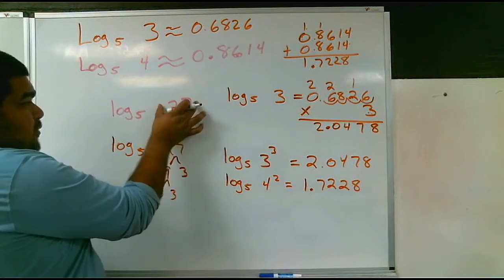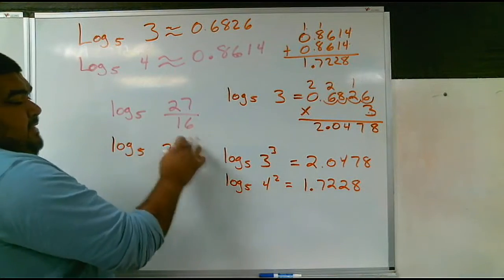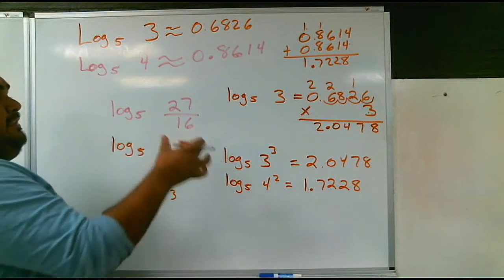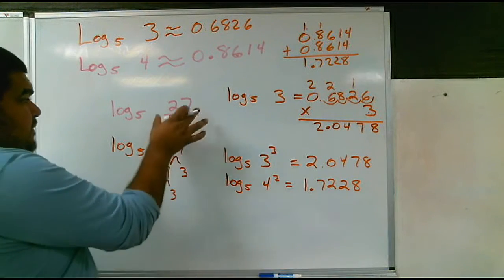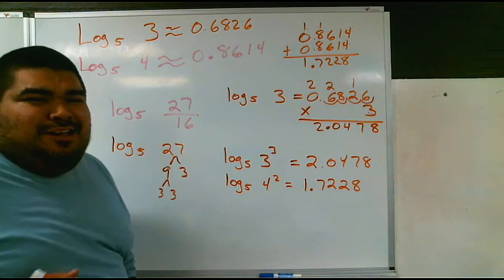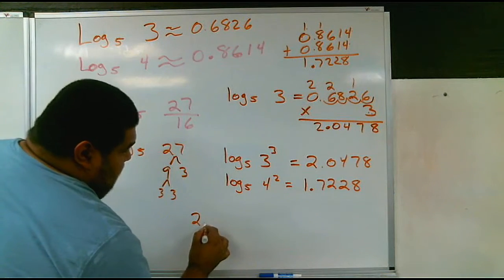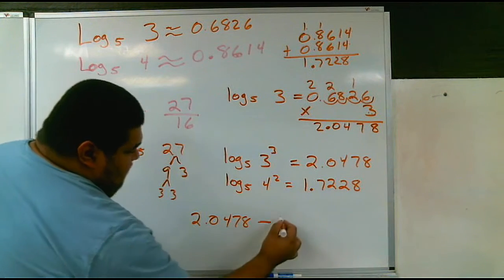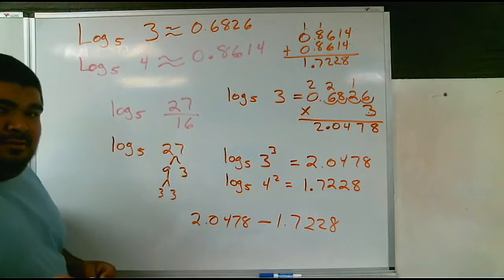Okay, now that we have that, remember, we have our two answers. So technically, instead of 27, it's 2.0478. Instead of 16, it's 1.7228. Since they're being divided, okay, the opposite of division, if you guys remember on those rules, is subtraction, okay? So we're going to subtract them. 2.0478 minus 1.7228, okay?